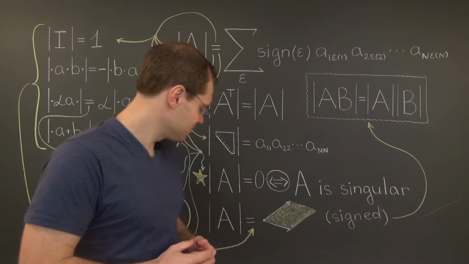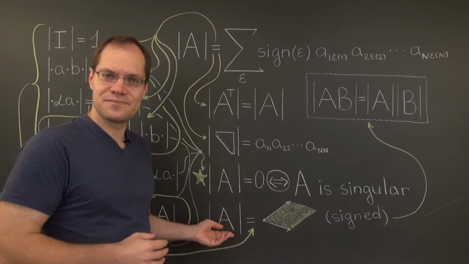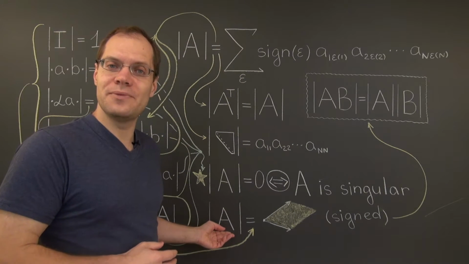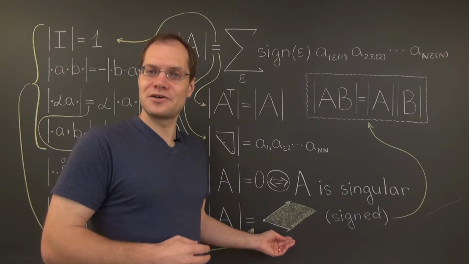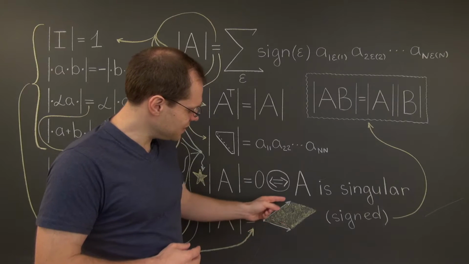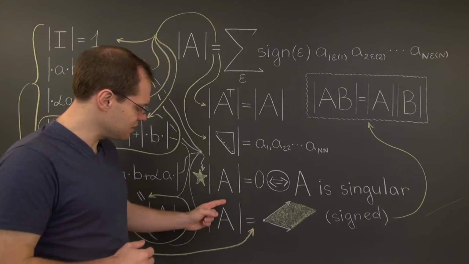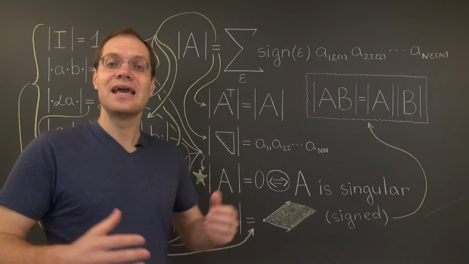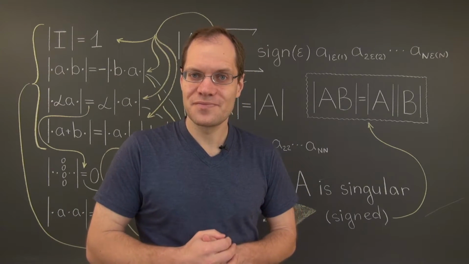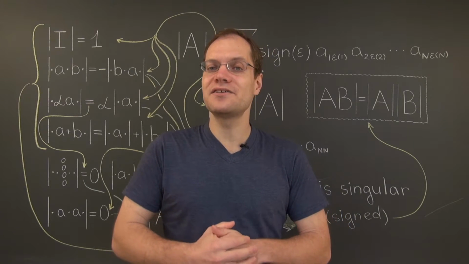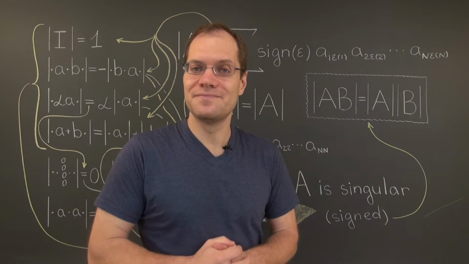The first one states that in 2 dimensions, the determinant of a 2 by 2 matrix equals the area of the parallelogram built upon the vectors that correspond to the columns of the matrix. In 3 dimensions, the determinant of a 3 by 3 matrix is the volume of the corresponding 3-dimensional parallelepiped.